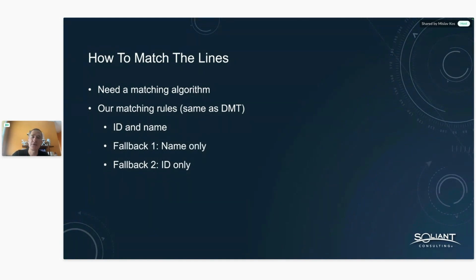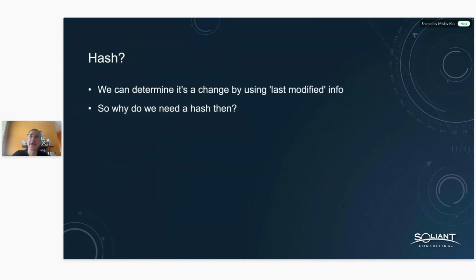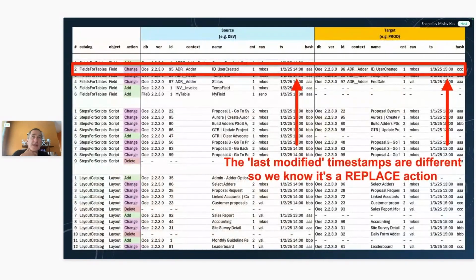And now let's come back to the hash column and talk a little bit about that. So I had said, if we see that the last modified timestamp is different in the different mod logs, then we can suspect that something has changed. And if we have that mechanism of detecting a change, then what do we need a hash for? So let's look at here. In this case, the last modified timestamps are different. So we know that it's potentially a replace action.